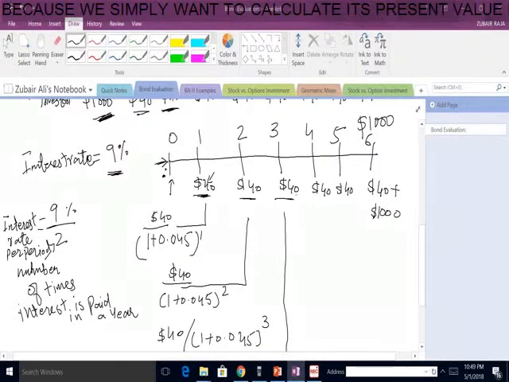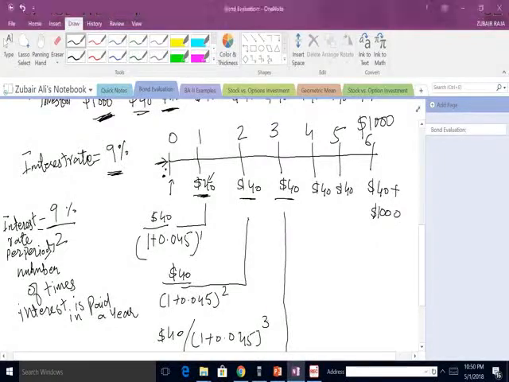So we need to take this interest component out of this $40, and this is the formula. We have to take the power of the denominator to 3, right?